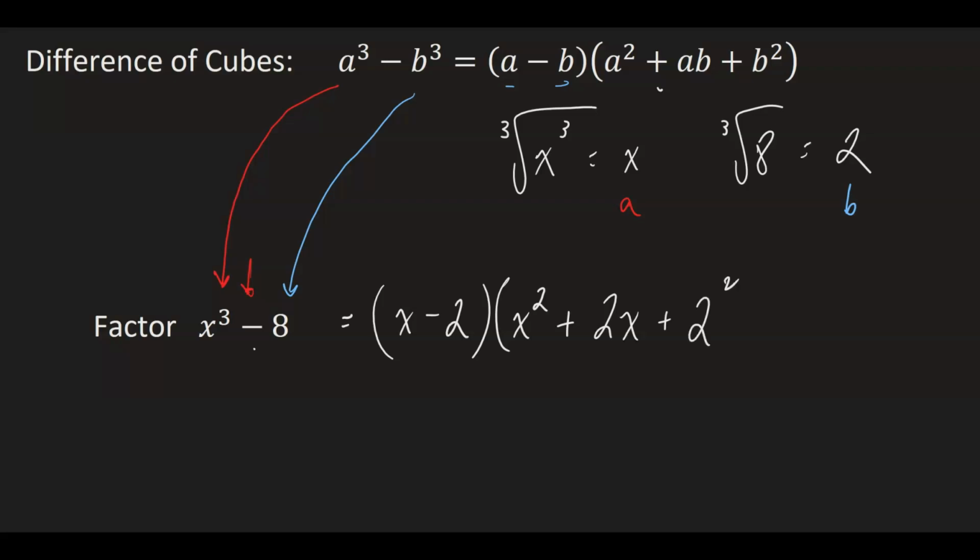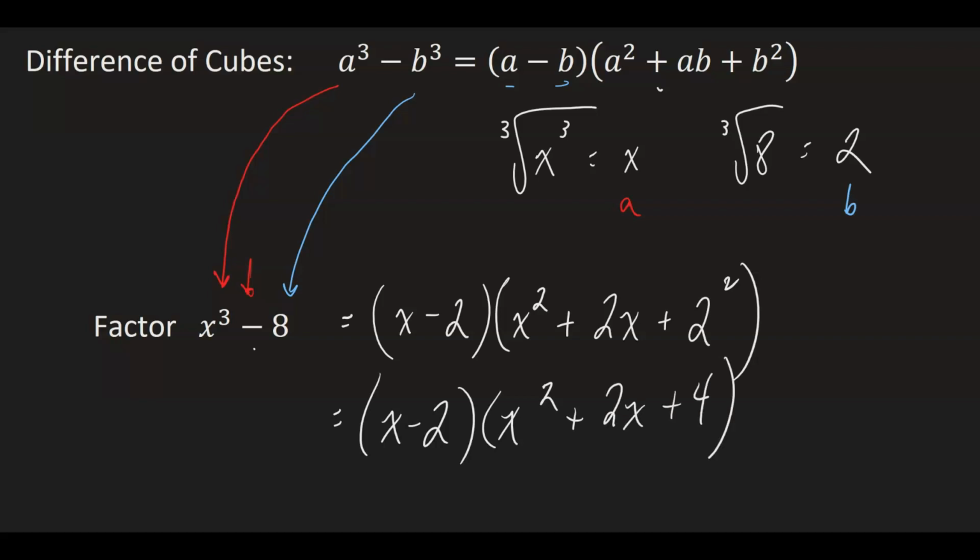Let's write 2 squared first, and then I can simplify it. I could have done it right on that line, but I just wanted you to see where the 4 comes from. Okay, so double check a couple things. This should match the one in the first bracket, and we should have the opposite sign here, and this one is always positive, or always addition. Okay, factored.